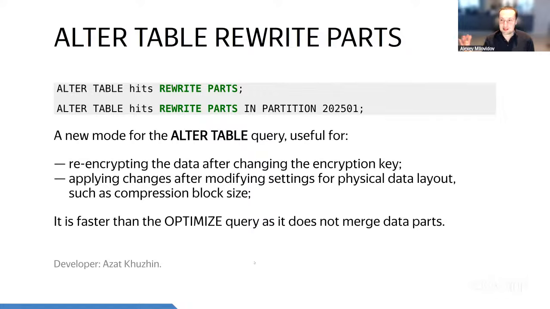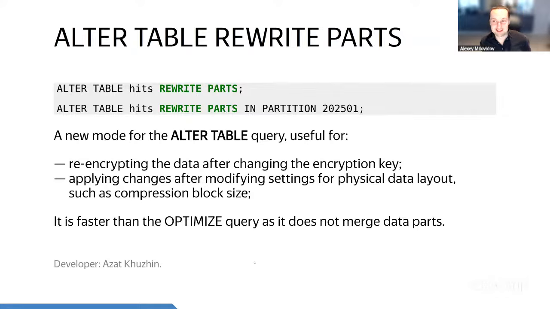And it will do literally this. It will just read the existing data parts and write new data parts without merging them. It will be the same set of data parts, just written once again.